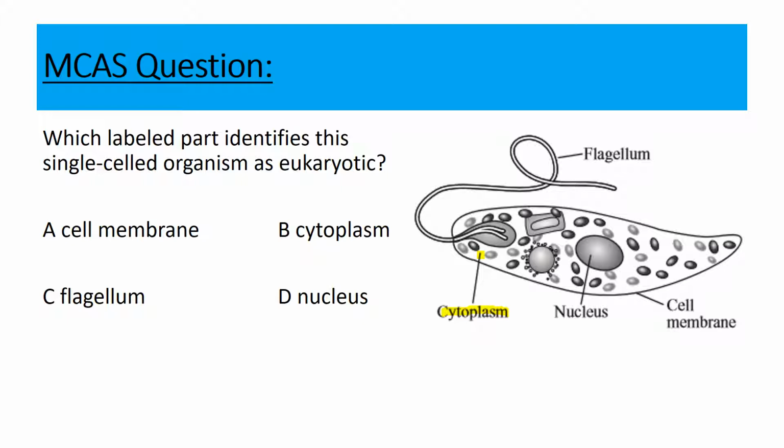And that's fine, but all these other things that I'm highlighting are part of the cytoplasm. The only thing that isn't part of the cytoplasm is the nucleus right here. So when you see the word cytoplasm, it's often going to be pointing to the blank space between the organelles, but all the organelles are part of the cytoplasm by definition, just not the nucleus. Here's an example of that word being used on the MCAS.